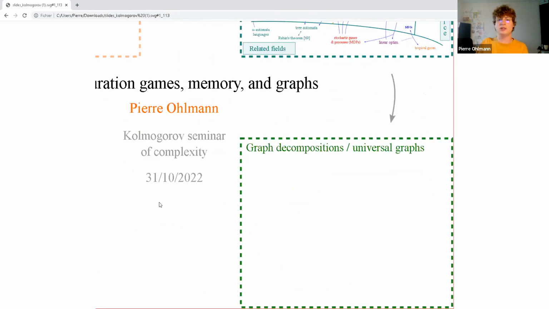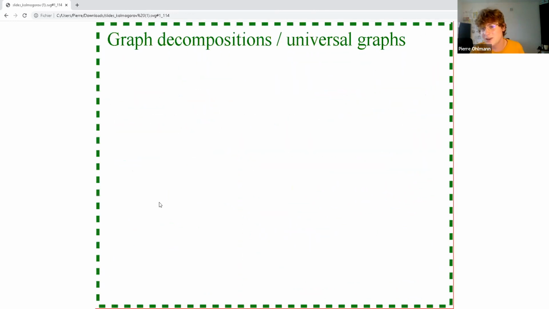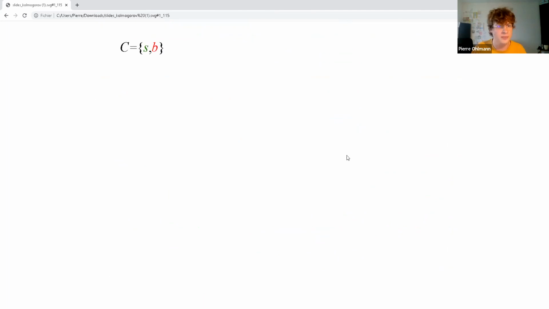So I'll move on to what I really want to speak about, and everything so far was the introduction to this. This is a new tool to approach positionality questions, and I want to get going on an example. Our set of colors is two colors, one safe color and one bad color, and we're playing a Köbi game.